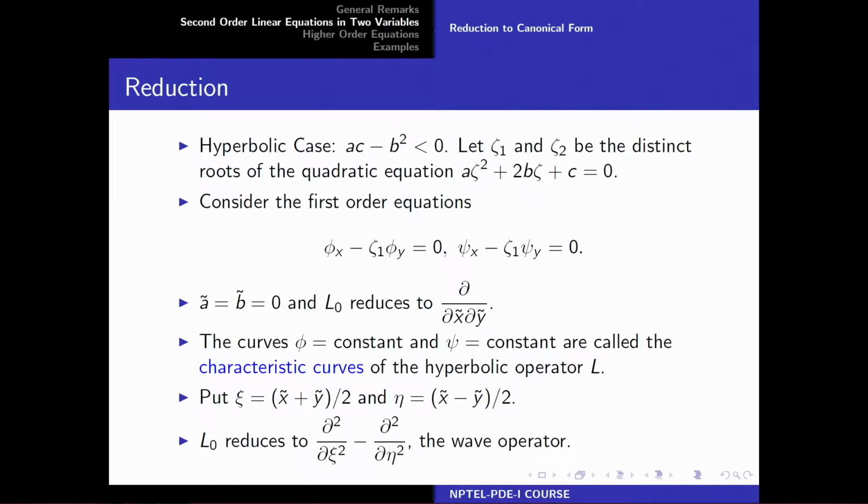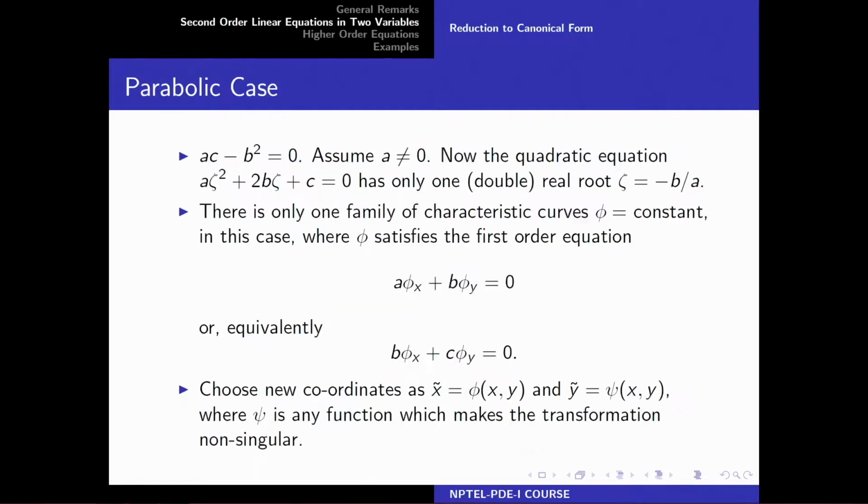Okay. So, now we go to the next case, namely the parabolic case, AC minus b square equal to 0. Okay. So, assume a not equal to 0. If a equal to 0, what happens? Then this term is gone, so b is also 0, and then again there is no second order equation at all.